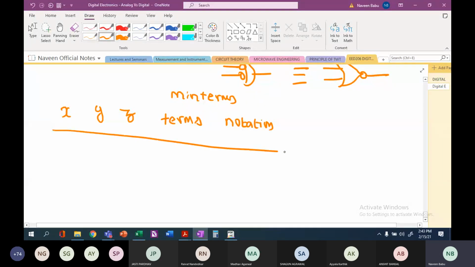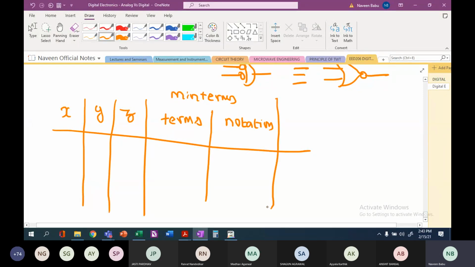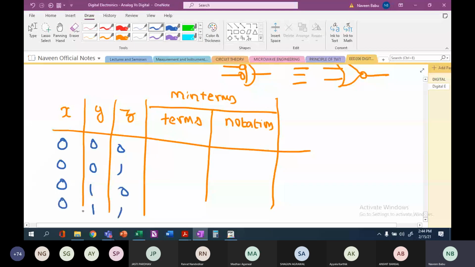I will have to create a table. What are the possible combinations here? The possible combinations are 0 0 0, 0 0 1, 0 1 0, 0 1 1 and so on. I will complete this later.